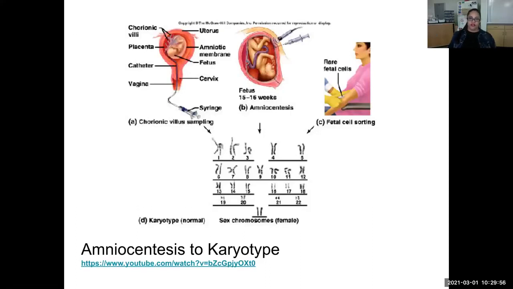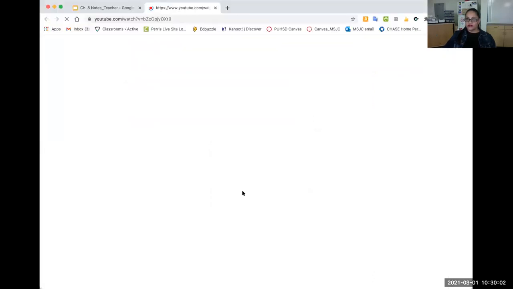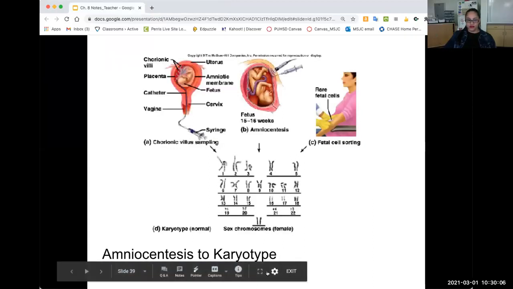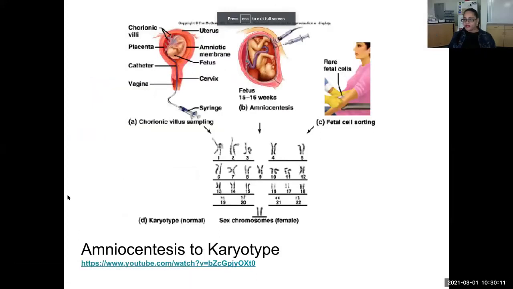And this is how we get the chromosomes. Actually, I'm not going to watch that right now because that's something we watched already. The amniocentesis, when they stick a needle in the mom's stomach and pull out the cells surrounding the baby, and then they put it in this picture and determine if they have exactly 46 or if they have one missing or one extra.